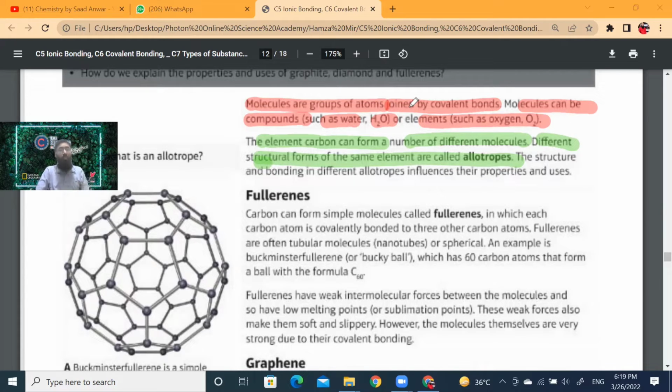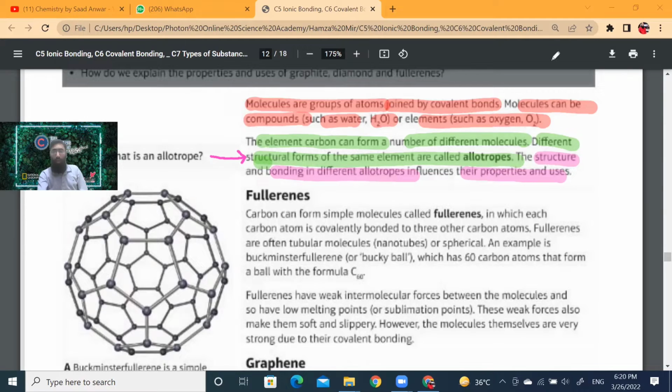Just remember the definition of allotropes because you can be asked this question: what are allotropes? Different structural forms of the same element are called allotropes. The structure and bonding in different allotropes influence their properties and uses.